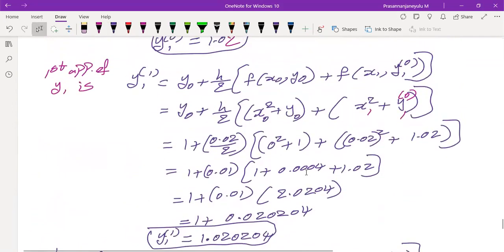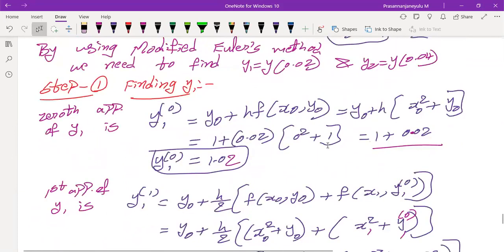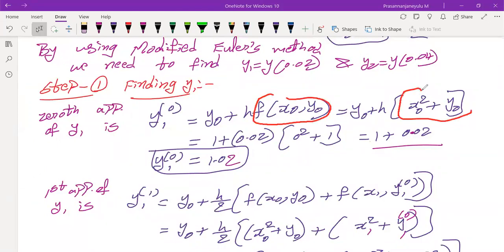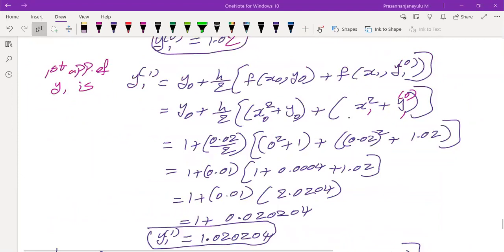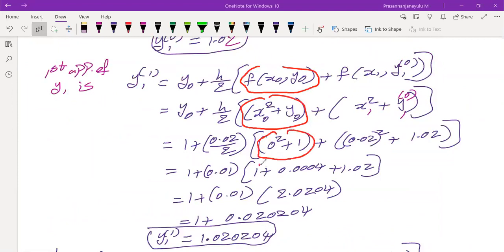But observe carefully, what value of f of x naught comma y naught did we get here? 0 square plus 1 is 1 only.